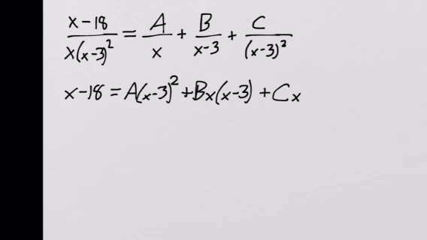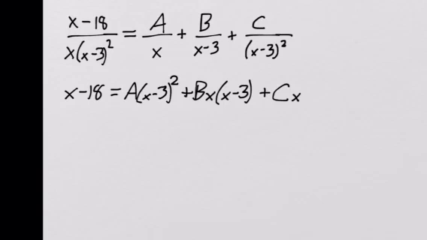And from here, we just do the same thing that we did in the problem in the previous video. I'm not going to go through this again. Just know that when you have repeated terms, you have to do it for each one. And if we had a cubed or a fourth in there, we would be doing it for each power up to the exponent.